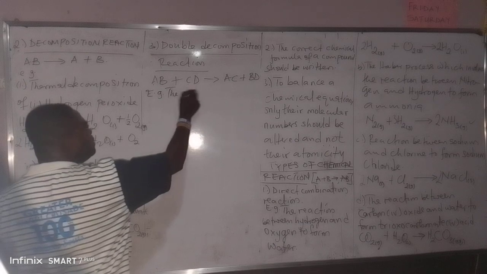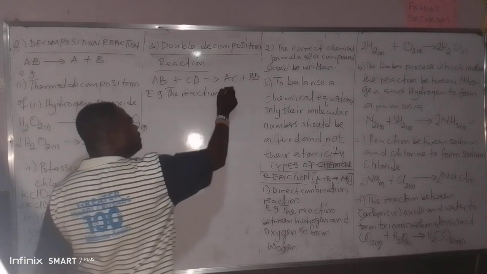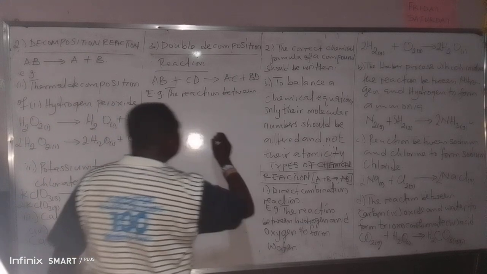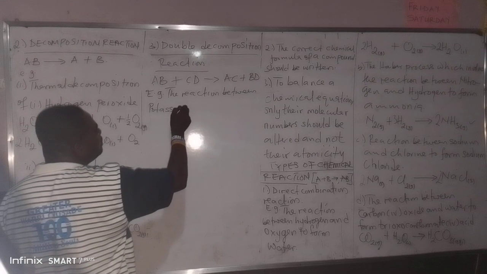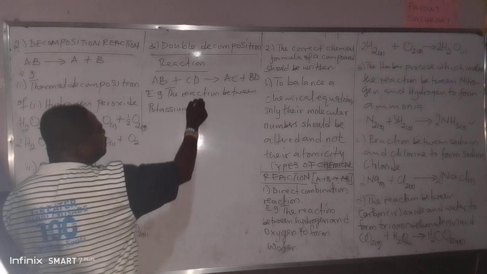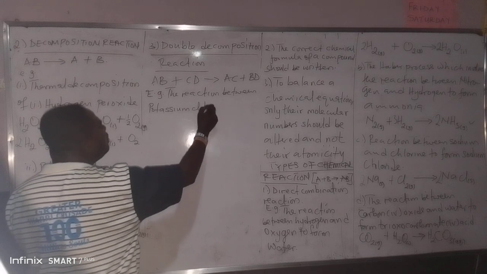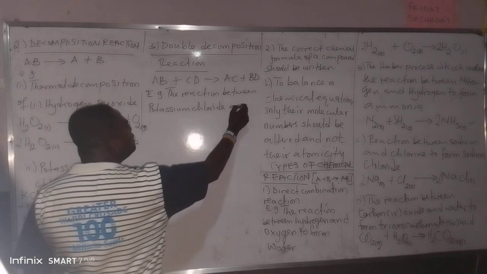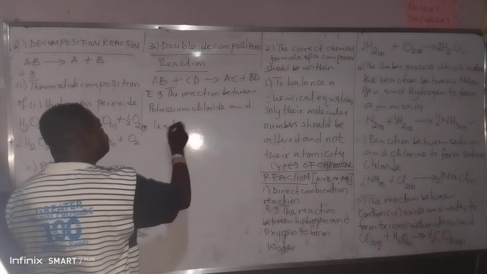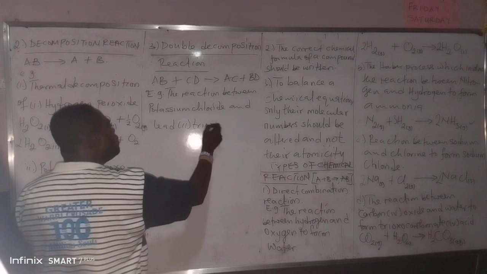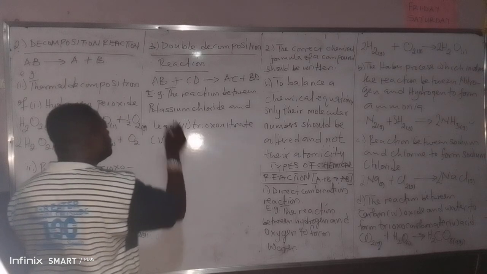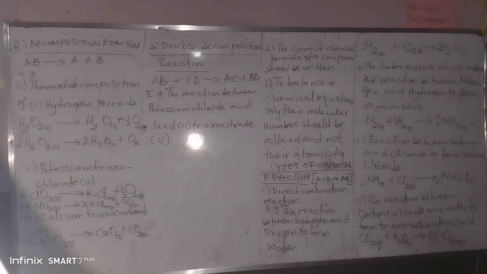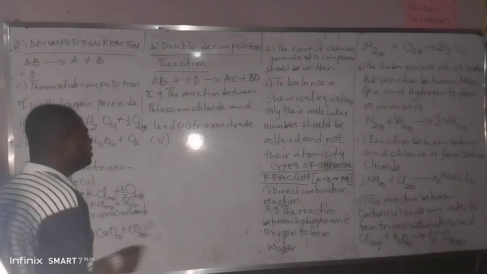Example. The reaction between potassium chloride and lead 2 trioxonitrate 5 is a double decomposition reaction. Now, what is potassium chloride?